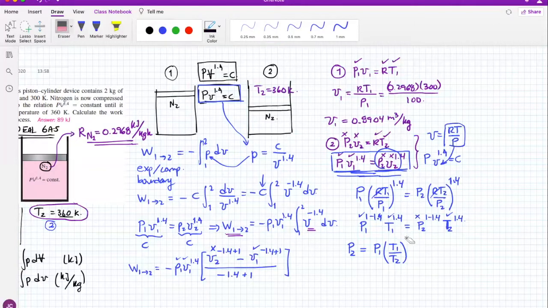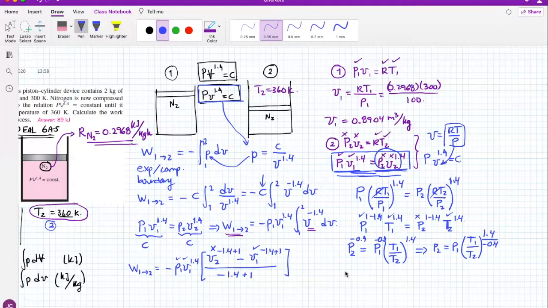I was just going to put it because what I'm going from here, this is 0.4, remember, okay? And now this thing is not 0.4, this is actually 1.4. So if you wanna get rid of this minus 1.4, I need to use this. So P2 equals P1, and this therefore is gonna be T1 divided by T2, to the 1.4 divided by minus 0.4. It's not the most elegant way to put it, but it's actually what you will have over there.